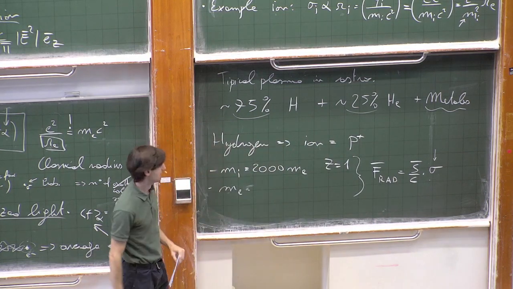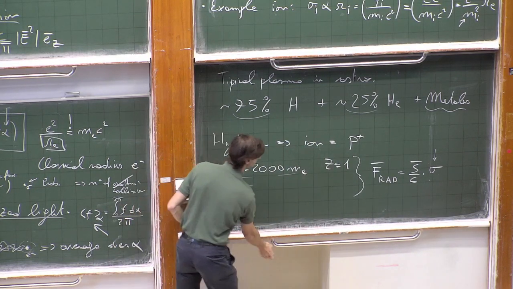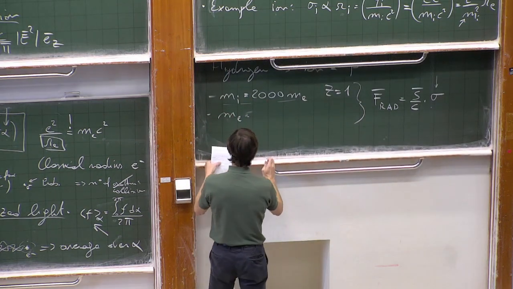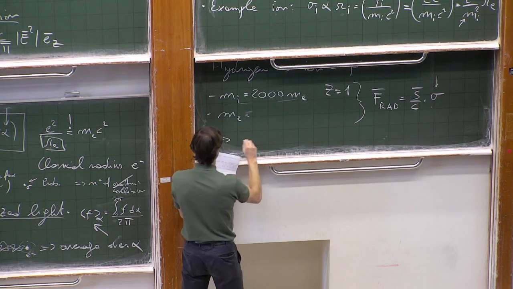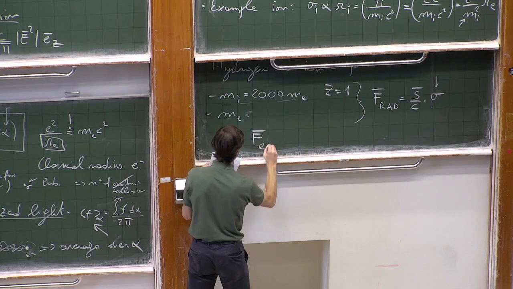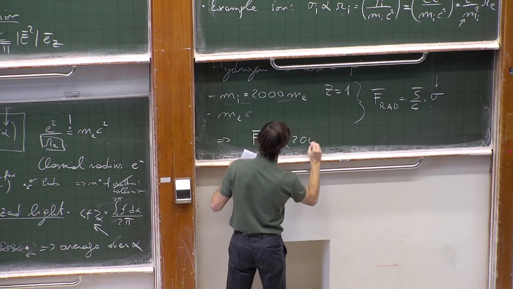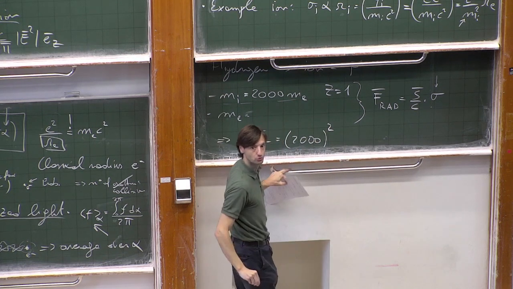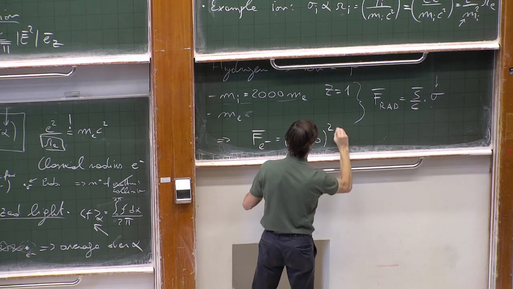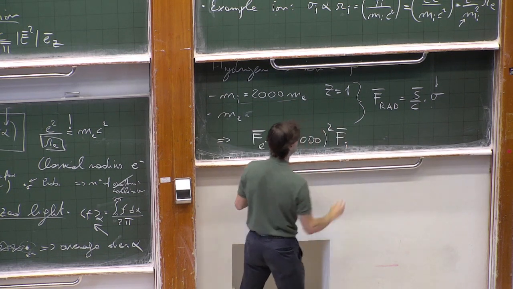Okay? We now plug in these numbers. What we get is that the force experienced by an electron is actually 2,000 to the power of 2 times the force experienced by an ion.